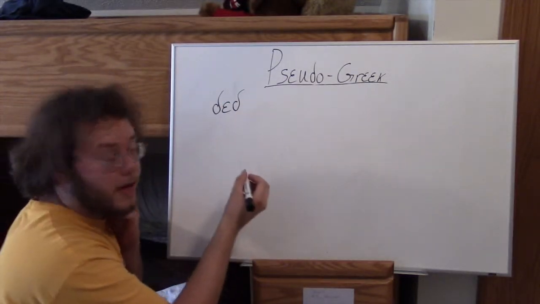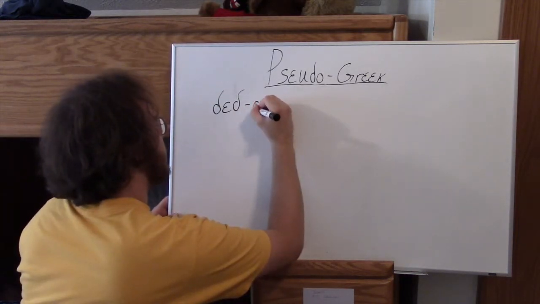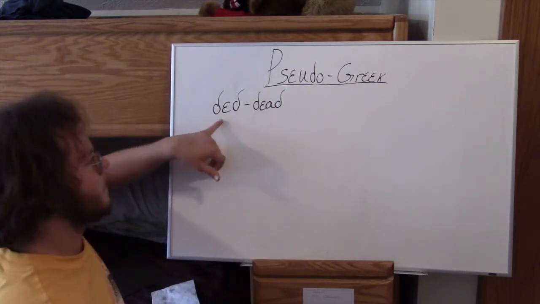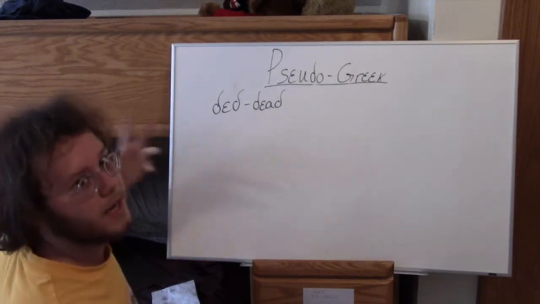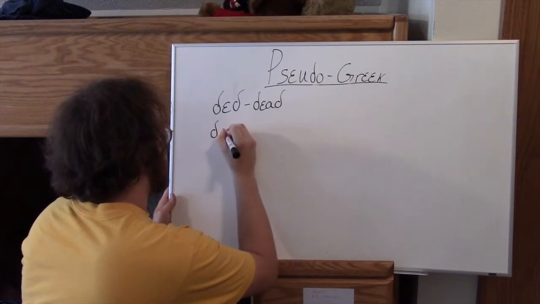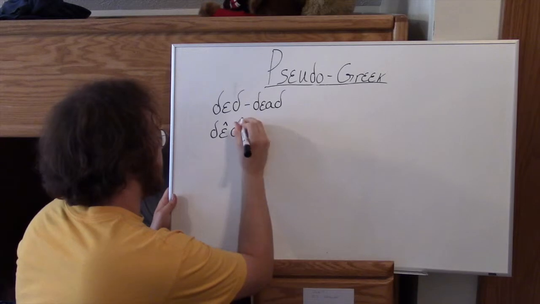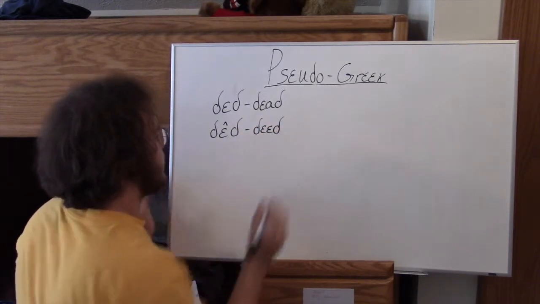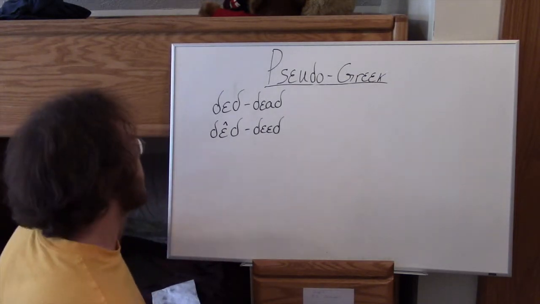What this will pronounce, as it is, is dead. That's phonetically what that says. Then we have delta, epsilon with the hat, and that will phonetically pronounce deed. The hat pronounces E, so that's all good.